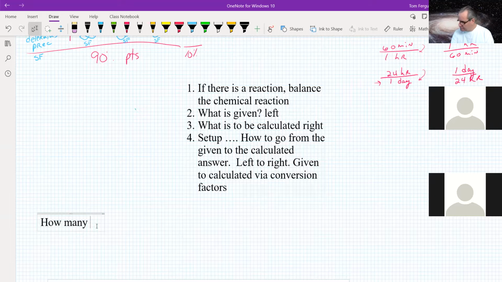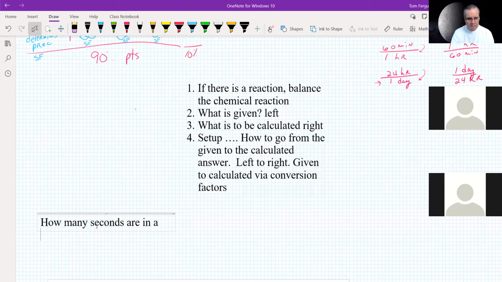Let's do a time problem again here. How many seconds are in, let's say, a year? And this is a non-leap year. So for all problems, again, we have the 4 steps.